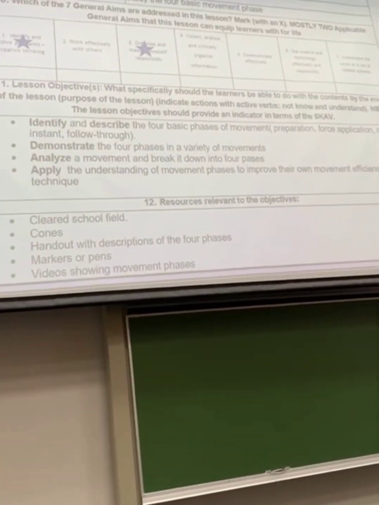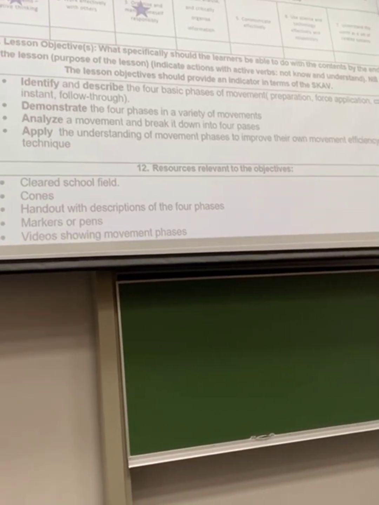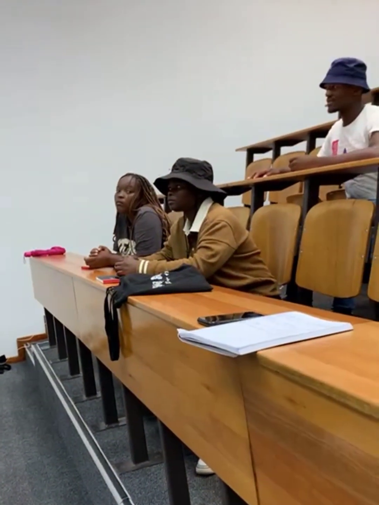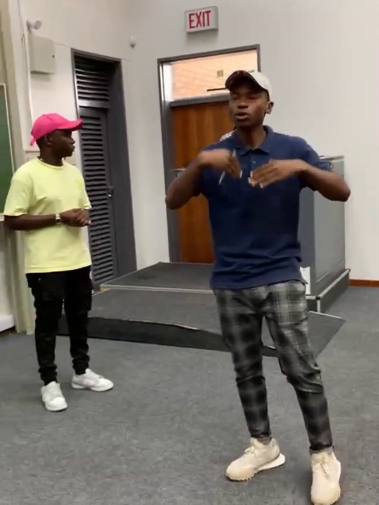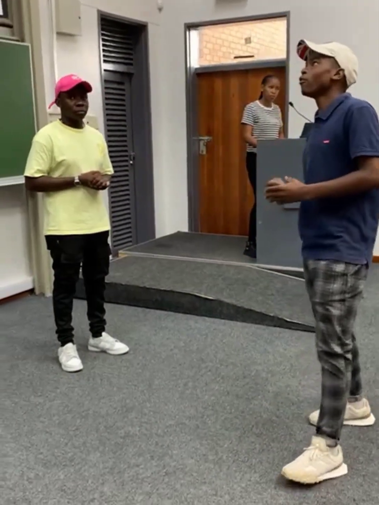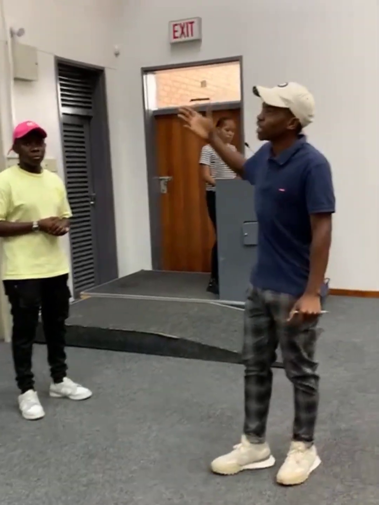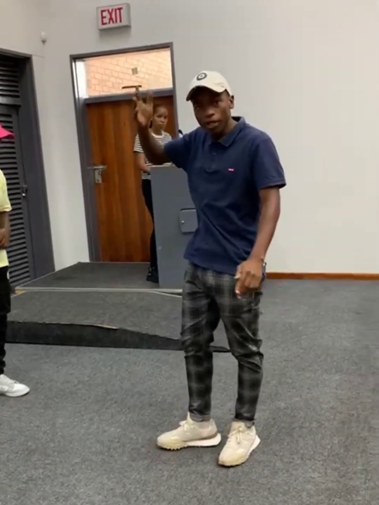We have lesson objectives. What specifically should learners be able to do with the content by the end of the lesson? Learners should be able to identify and describe the four basic movement phases: preparation, force application, critical instant, and following through.